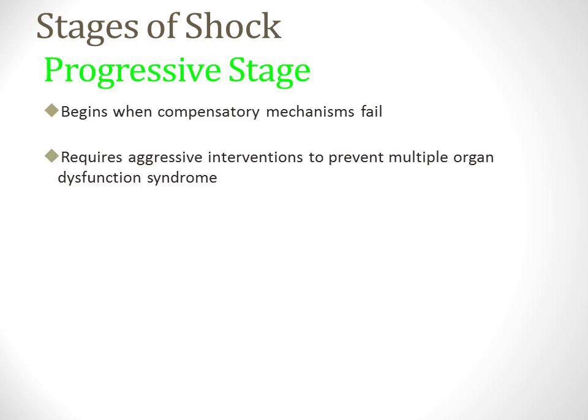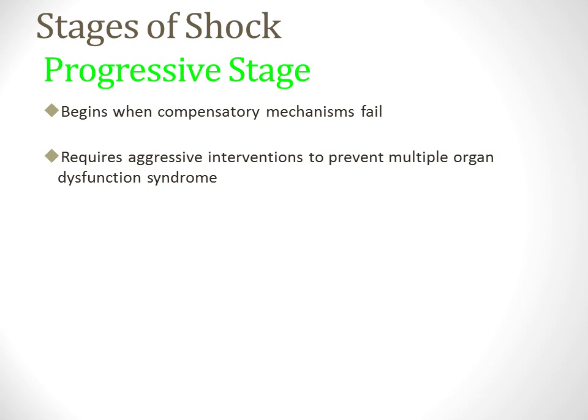So if we weren't able to fix the problem in that compensatory or initial phase, we're going to move into the progressive phase. That's when all those compensatory mechanisms start to fail, and we're seeing all those signs and symptoms that I said at the end of the compensatory stage.